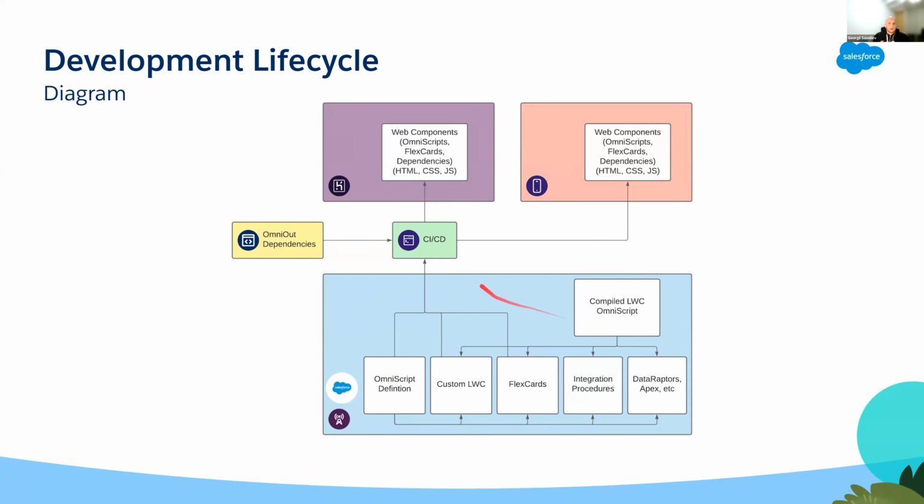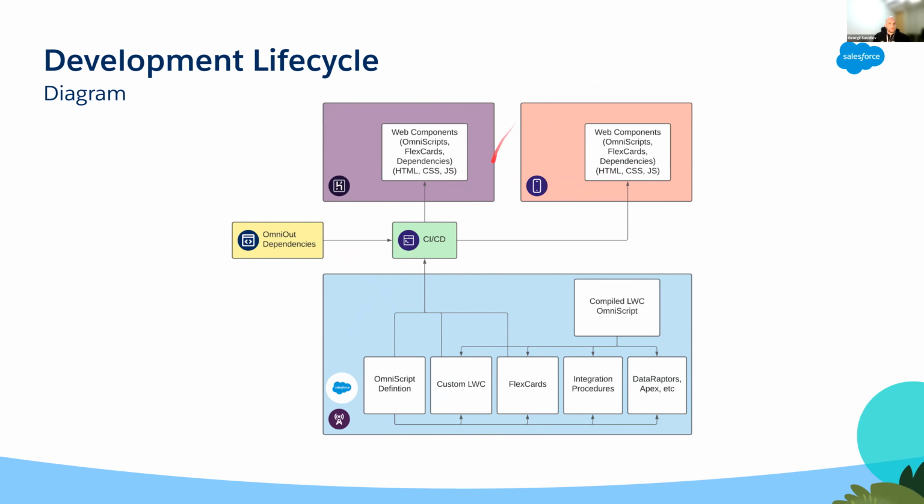For OmniOut, there are a bit more pieces involved. For OmniOut, you need to consider your DevOps or CI/CD tool. That will extract the OmniScript definition. It will also take the OmniOut dependencies that are on NPM, and then it should deploy it to your third-party channels. So this could be Heroku or some web server.